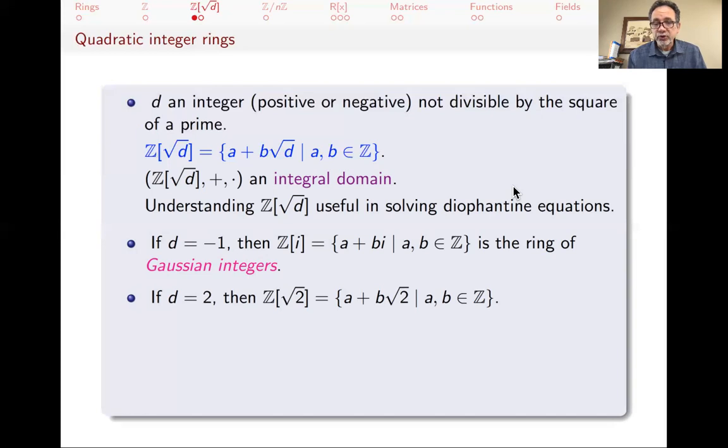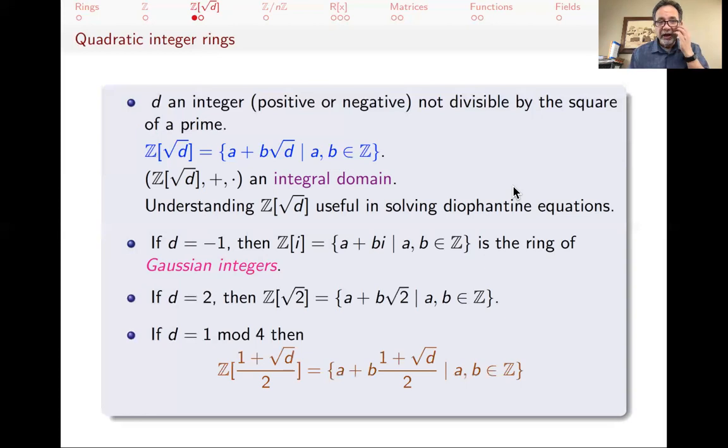By the way, as an aside, if d happens to be 1 mod 4, that means that d is a number that when you divide by 4, you get remainder 1. So for example, like 5, then you can have another quadratic integer ring, which is of the form a plus b times (1 plus square root of d) divided by 2, where a and b are integers.